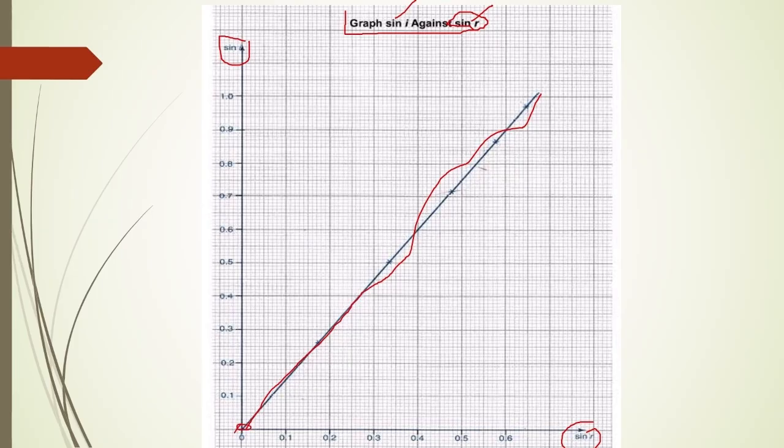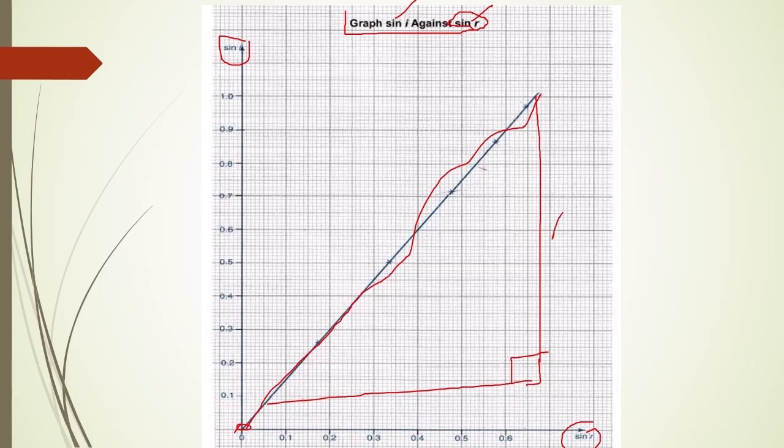When you are to get the slope of that graph, you extract a right angle triangle.